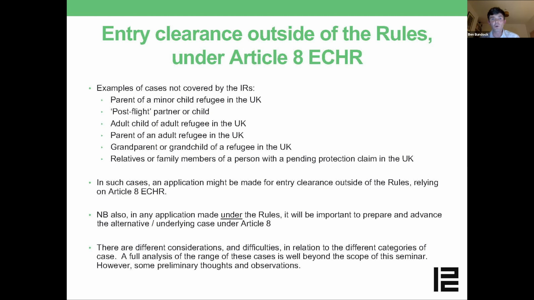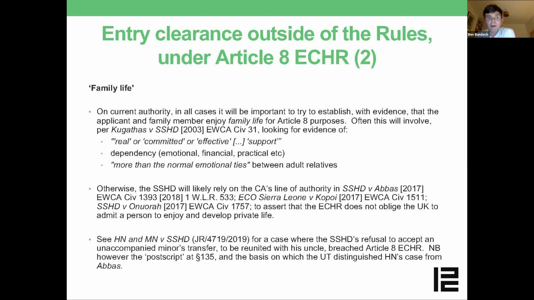So what I've just sought to do here is flag a few key considerations as I see it if you're approaching a case like this. So the first is to think about and attempt to establish family life for Article 8 purposes between the person in the UK and the person who's overseas in another member state.